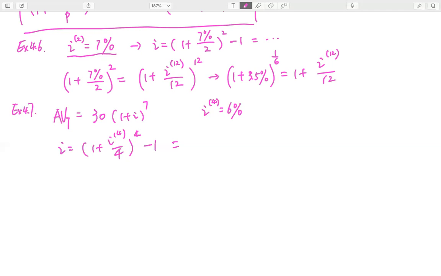Example 4.8. We want to know the present value from a payment of $5,000 that is paid at time 12 years. The nominal interest rate is 8% a year, convertible biannually. So in example 4.8, what you know is I upper 2 is 8%, and you know the future value is $5,000.